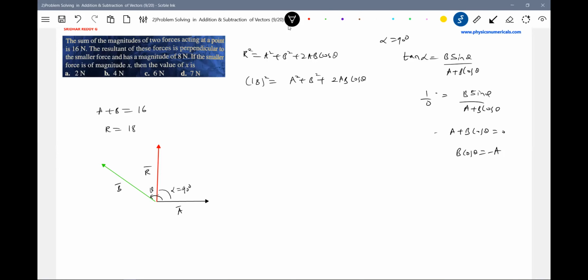Minus A. Let me substitute here. So 18 square equal to A square plus B square plus 2AB cos theta, where B cos theta is minus A. So this will become B square minus A square.